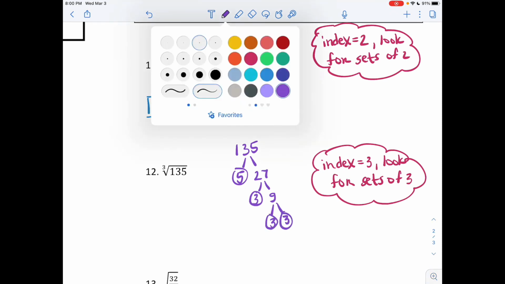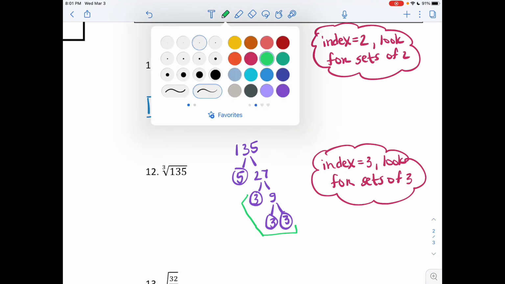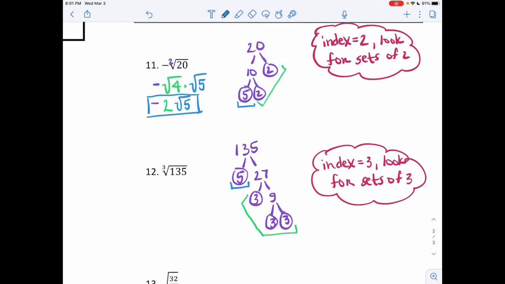I'm looking for sets of 3, no longer pairs, because I have a third root as an index that I need to take care of. So there is a set of 3 3's, and I have this little leftover 5 again.